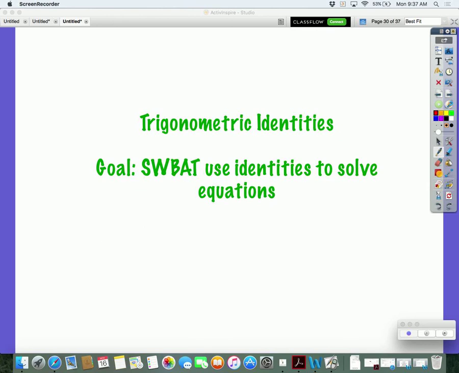We've already talked about one identity, the Pythagorean identity. It was within the trigonometry notes. Does anybody remember the Pythagorean identity? It's back in your trig notes.